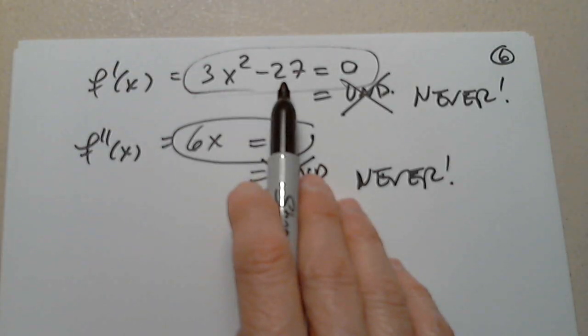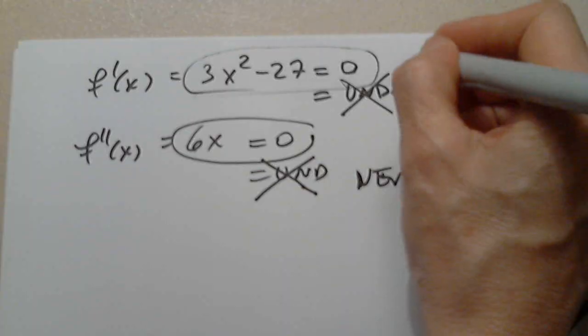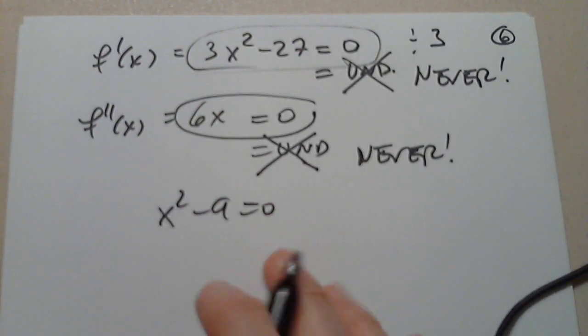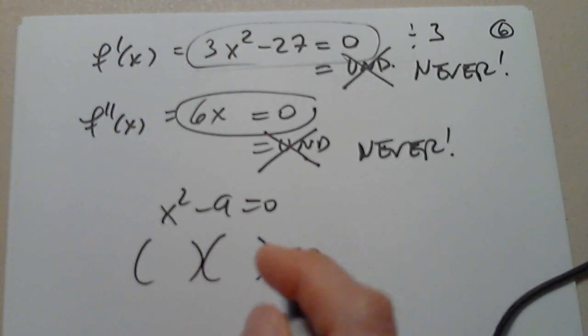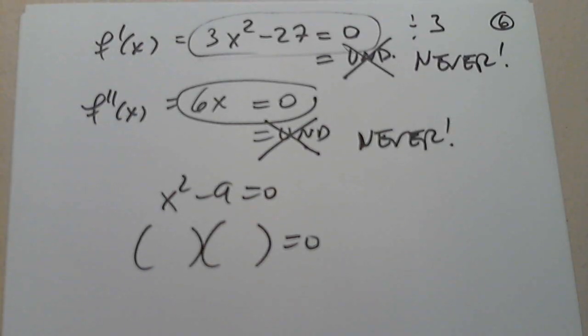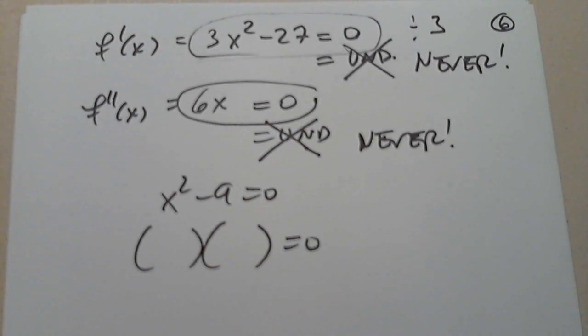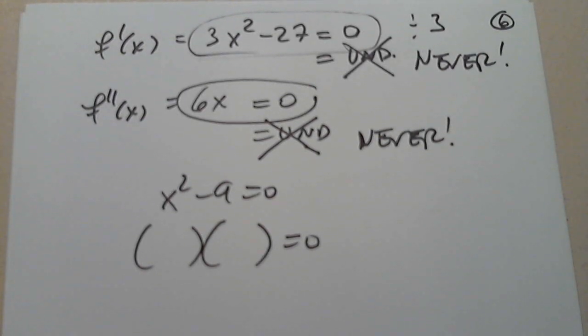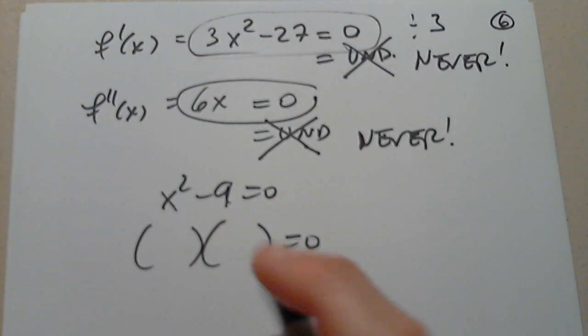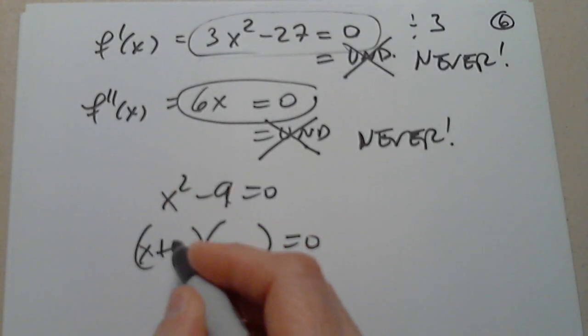Okay, so let's solve the first one, but I will divide both sides by 3. So I have x squared minus 9 equals 0. Can anyone quickly factor or give us the solutions, with the calculator, without the calculator, anything you want? X plus 3 and x minus 3.